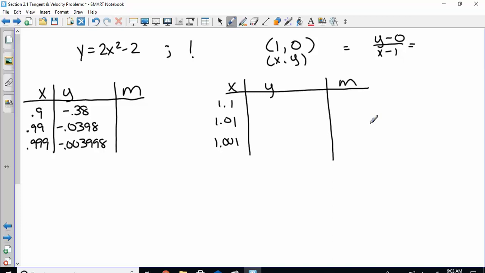So I have my negative 0.38 minus 0 over 0.9 minus 1. I get 3.8. Second one, I have my negative 0.0398 minus 0 divided by 0.99 minus 1.